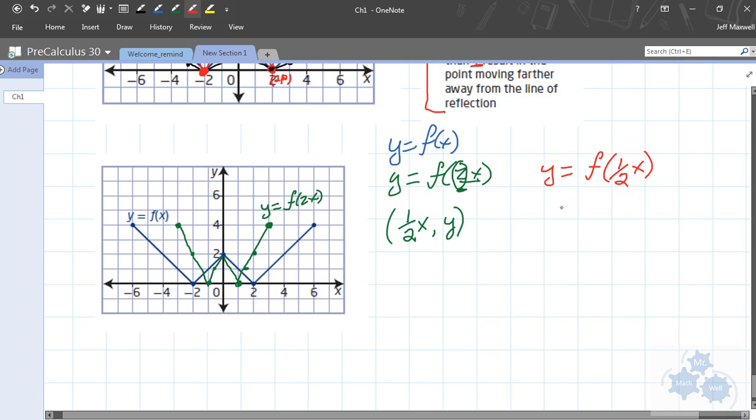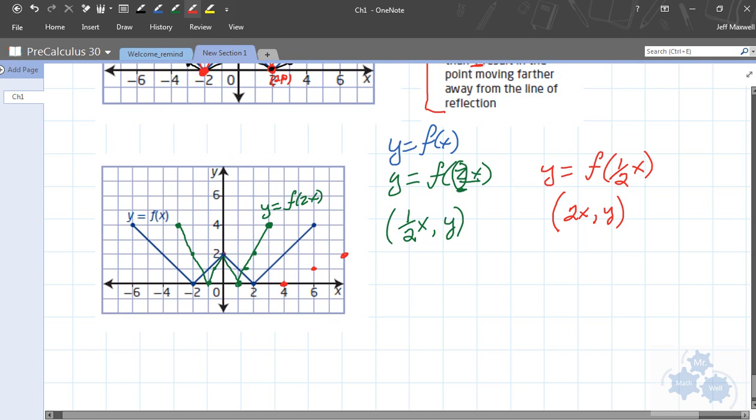So in red then, and I'll do this a little bit quicker, if we have 1/2 x, remember the mapping notation is 1 over b, so that's like 2x, and the same y. If we have a half, it's 1 over a half, which is 2. So 2 becomes 4. 6 becomes, well, I don't have room for it, but it's going to become 12, right? 3 becomes 6, and 4 becomes 8, so I can do those ones.